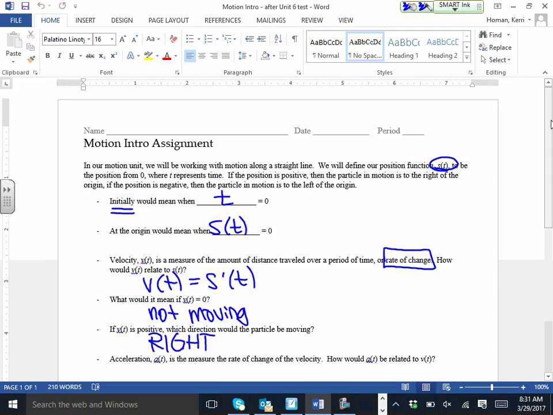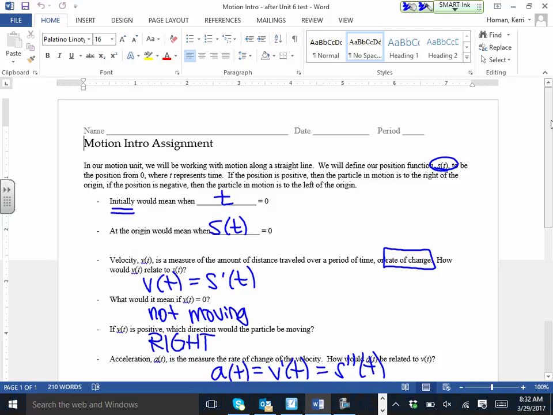Okay? Finally, acceleration is the measure of the rate of change of velocity. So acceleration is going to be the derivative of velocity, which can relate back to our position as its second derivative, if we really want to go that far.